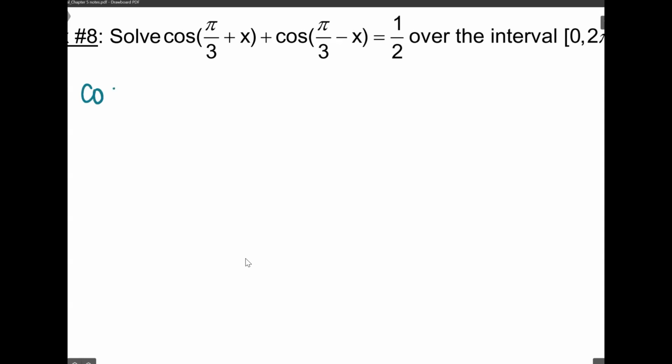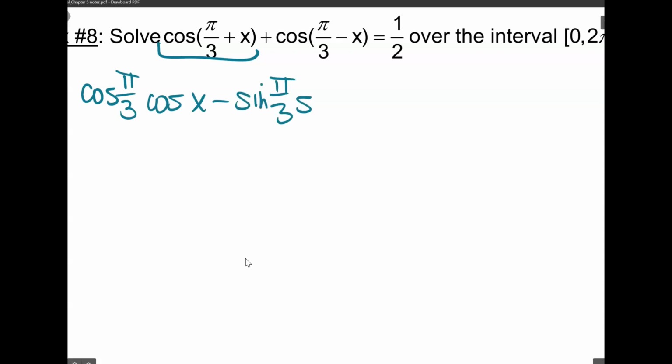So I have cosine of pi over 3 plus x. This is what it turns into: cosine of pi over 3 times cosine x minus sine pi over 3 times sine of x. And then we're adding the second one.